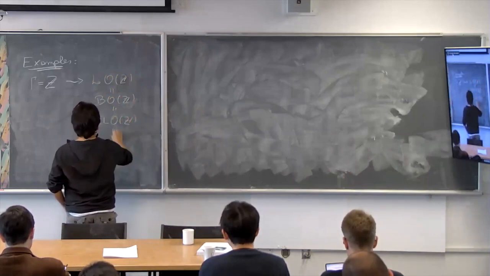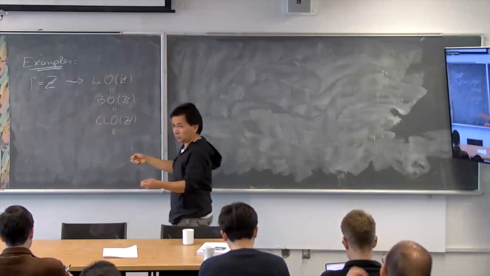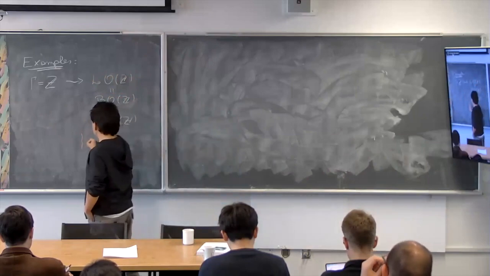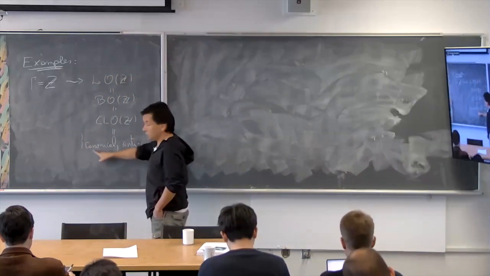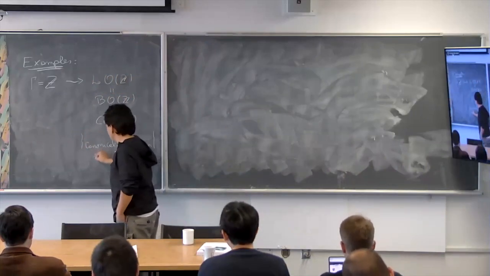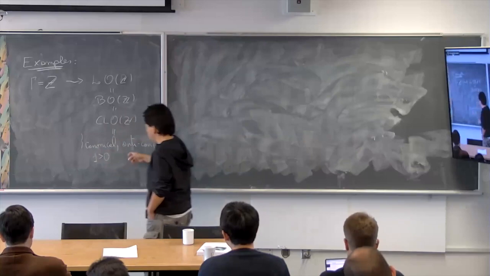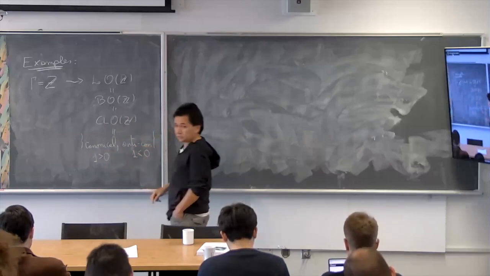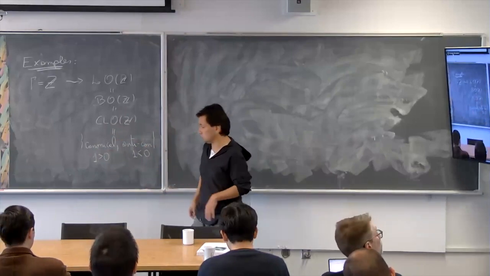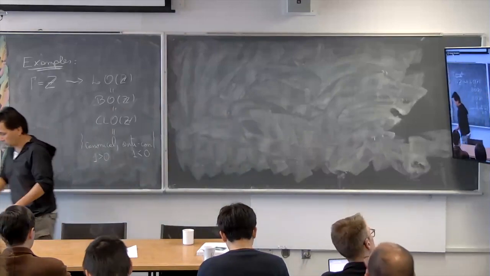And this is just a set of 2 points: the canonical order and the anti-canonical order. What do I mean by this? The canonical order is the one in which 1 is larger than 0, and the anti-canonical order is the one for which 1 is smaller than 0. There are only two ways to put an order on Z.